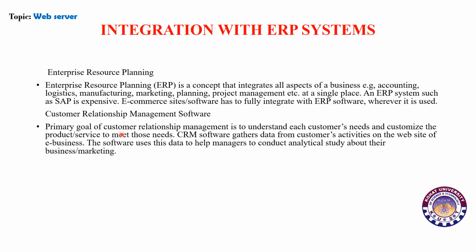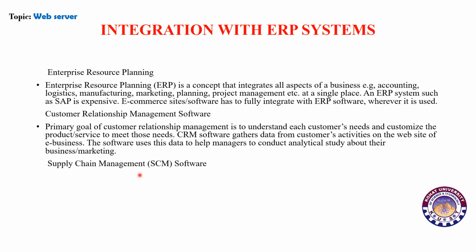So ERP is basically resource planning in which we integrate the ERP with our software, while customer relation management gathers data of the customer, collects the customer activity data, so that it helps us to efficiently use this data.